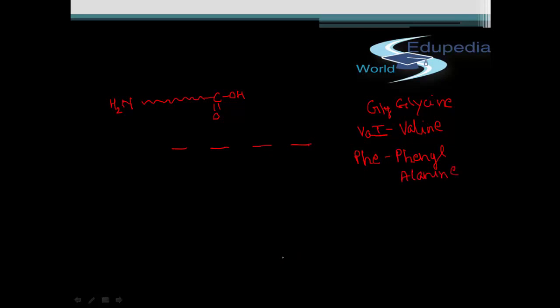So basically what the question is telling us is that there are 4 positions, and in these 4 positions we have to arrange 4 amino acids. Those 4 amino acids are GLY, which stands for glycine, VAL, which stands for valine, PHE, which stands for phenylalanine, and finally ALA, which stands for alanine.